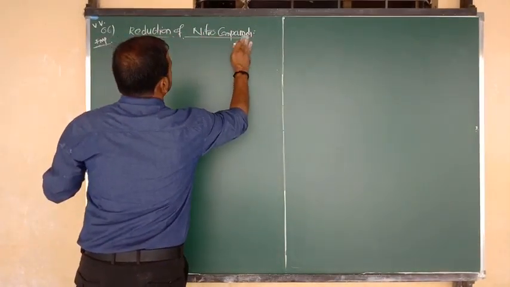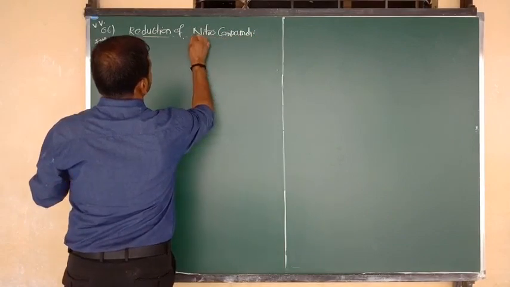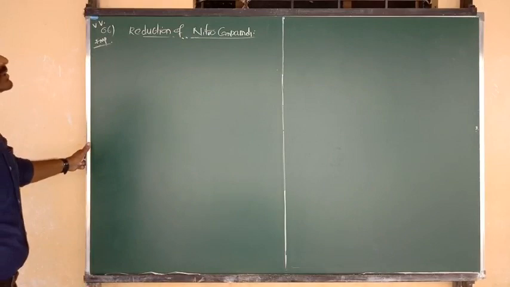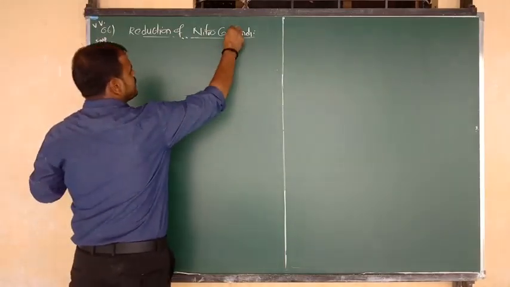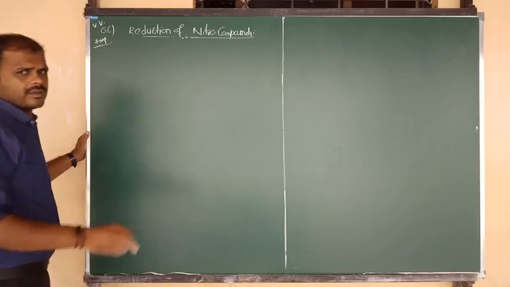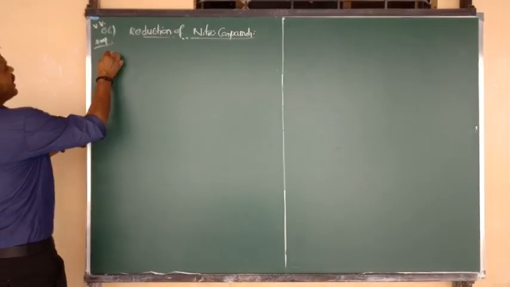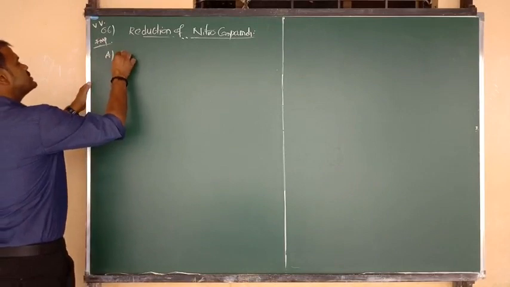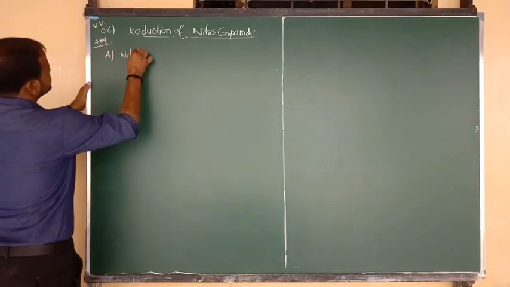It is a very important topic. Nitro compounds undergo reduction for the preparation of amines. Again, the same thing in two different ways, in two different conditions. Let me consider condition number 1. I want to say that nitro compounds.